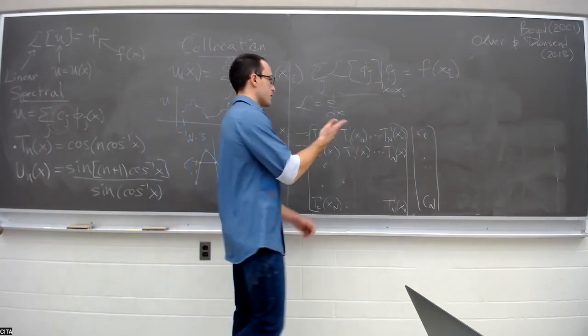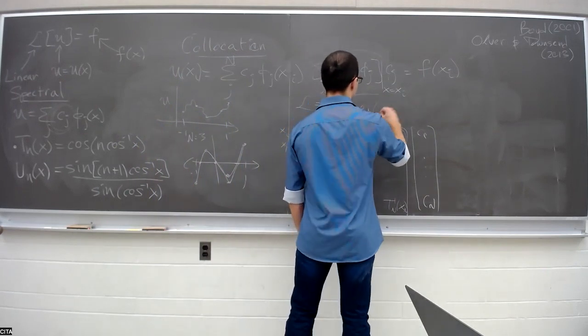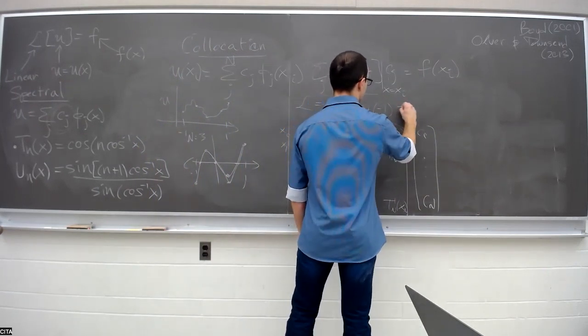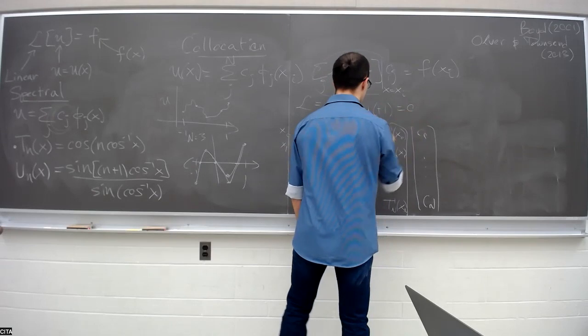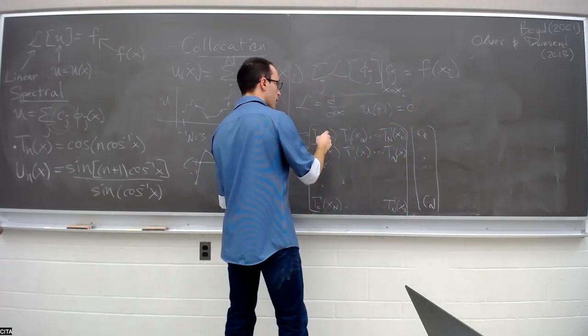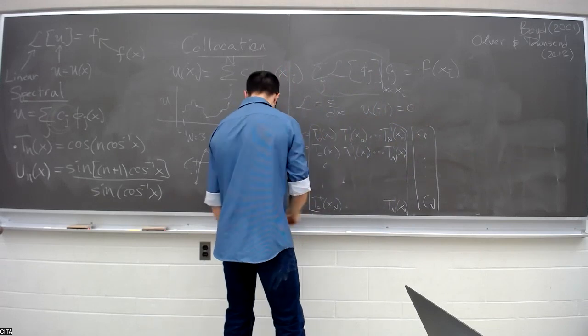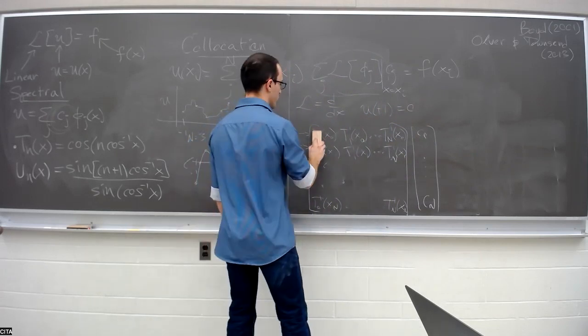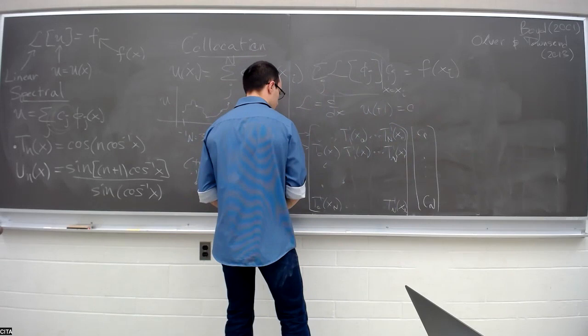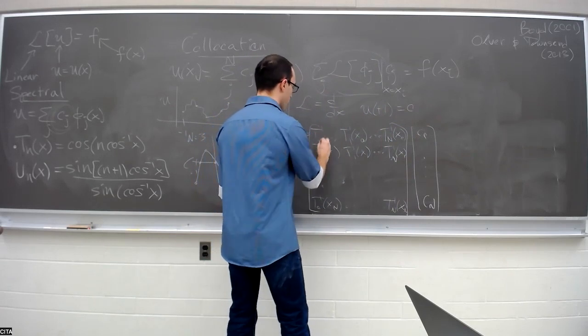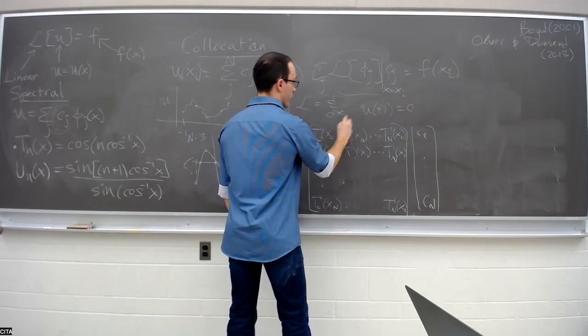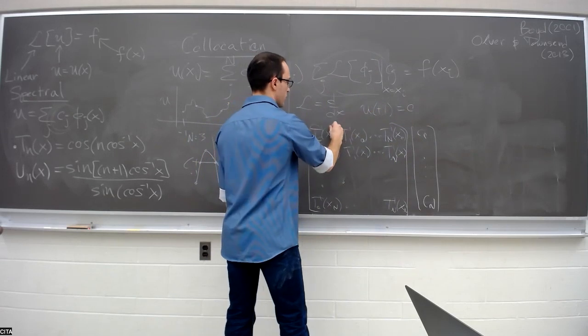So, for instance, let's say you wanted to impose that u of -1 is equal to, I guess, +1 is equal to 0. The Chebyshev points run backwards. The first point in the Chebyshev grid corresponds to +1.